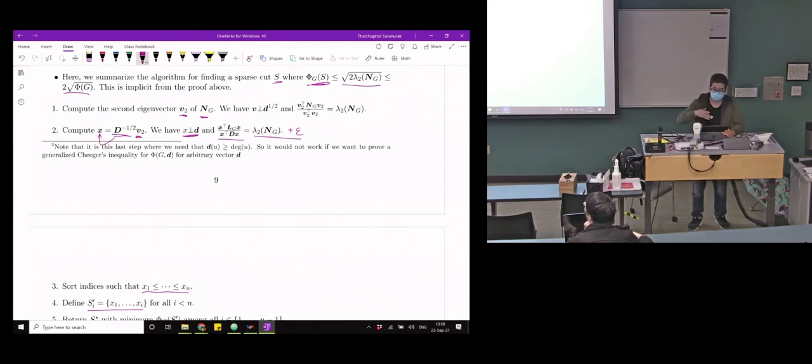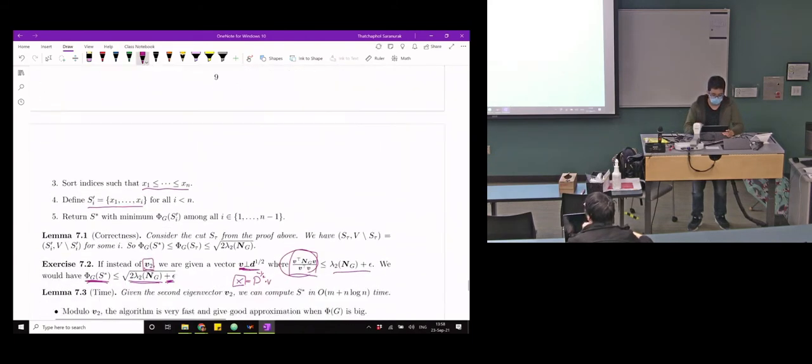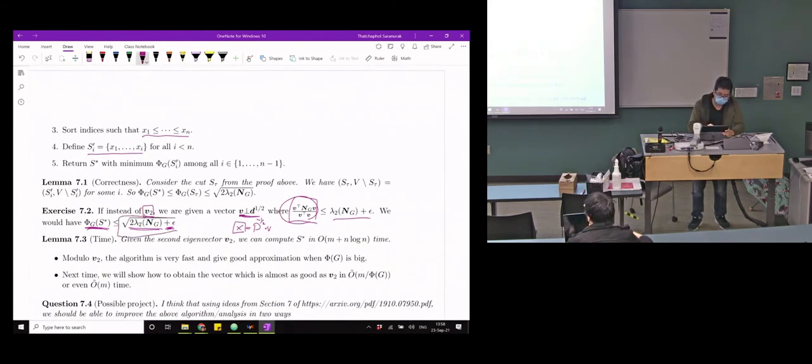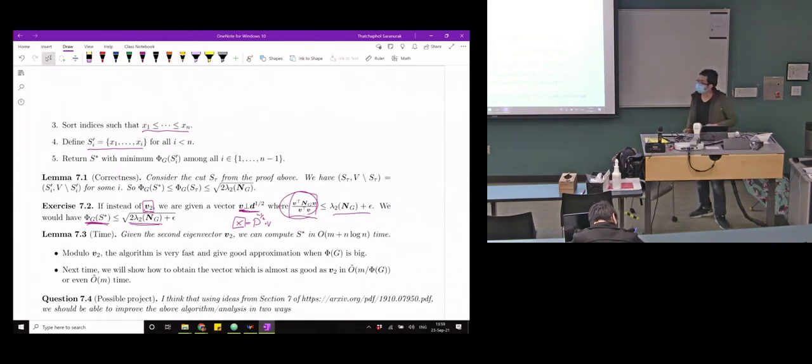Just apply the same thing, and you get that the cut is going to have small conductance with some slack epsilon. Each function has the coefficient square root of 2. Say it again. Epsilon should have a coefficient. Oh yeah, thanks.